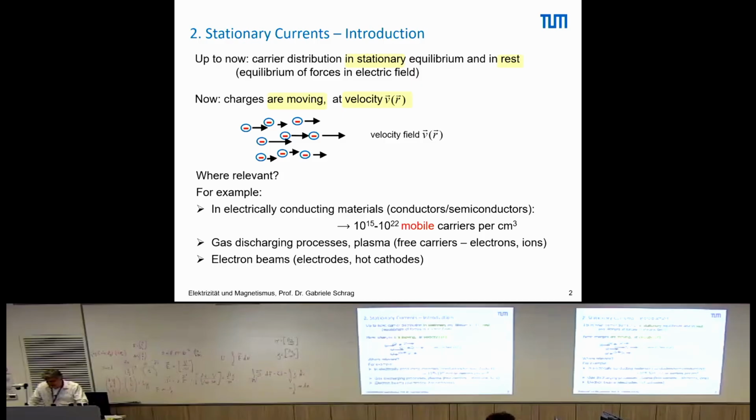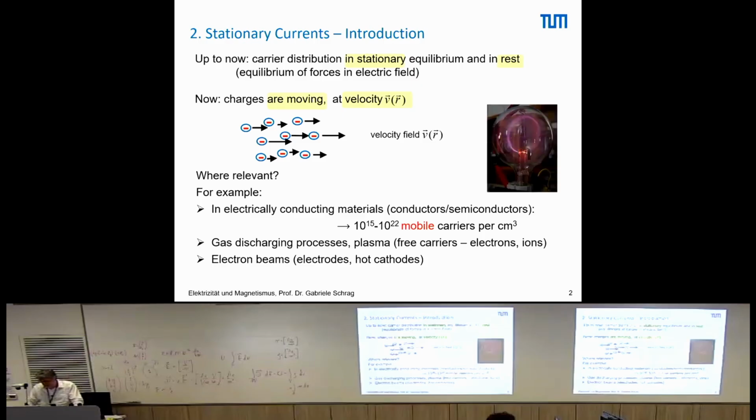Then if you have electron beams, you have moving charge carriers. Here you have the picture of a plasma lamp, where you have basically an oscillating electric field that is exciting your carriers. These carriers move and also collide with each other.